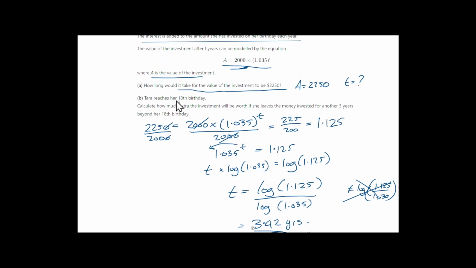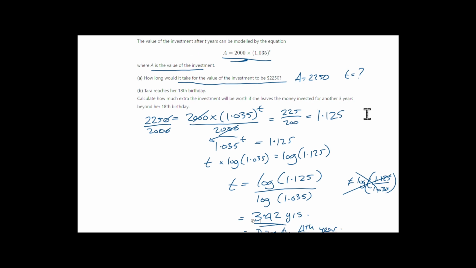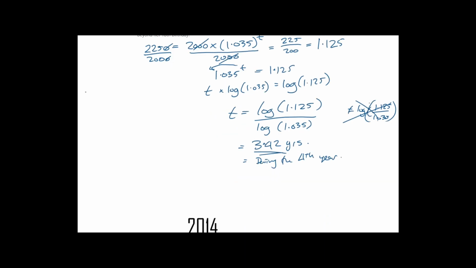Okay. Tara reaches her 18th birthday. Calculate how much extra money would be worth if she leaves the money invested for another 3 years. So in other words, we want to find A of 21 minus A of 18, don't we?